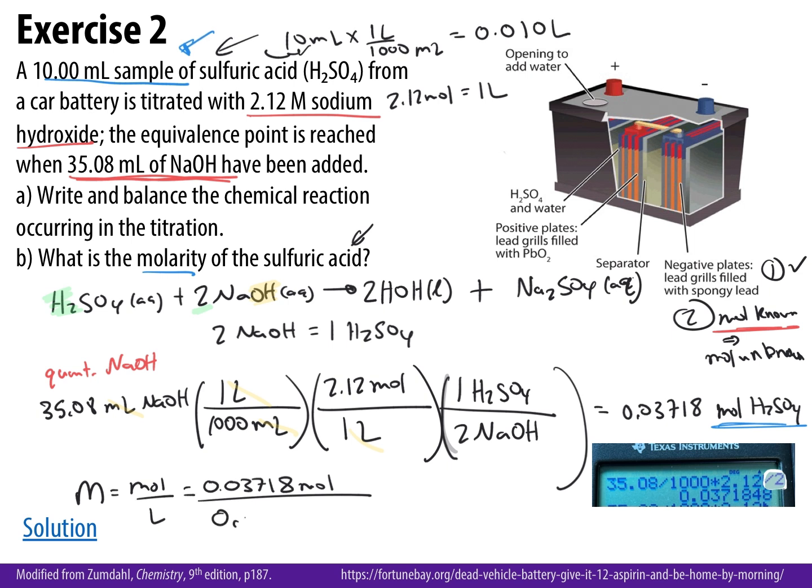So divide by 0.010 liters. In this case, when I do that, I should just get 3.718 molar. Technically, for sig figs, I'm only at 3 sig figs due to the molarity of the sodium hydroxide, so I should go to 3.72 molar as my final answer here.